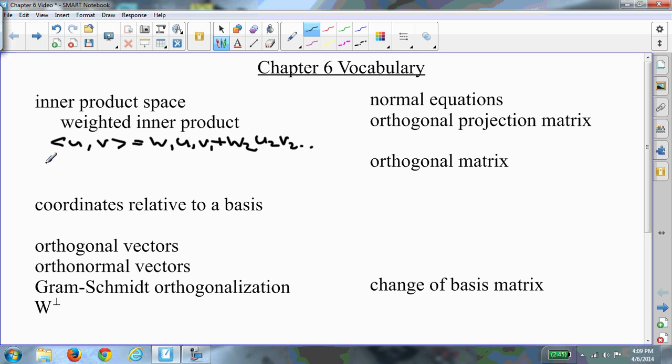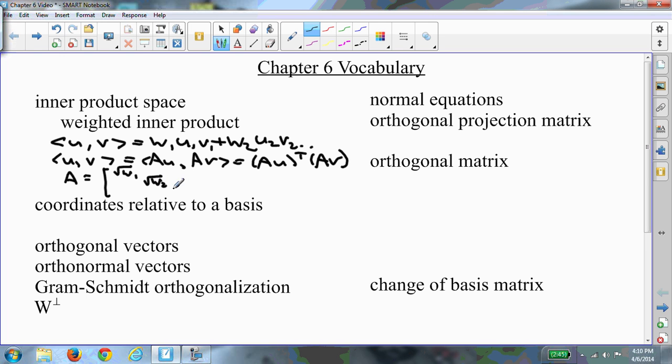And basically you create that by doing something like <u, v> is actually equal to <Au, Av>, and we can rewrite that as (Au)^T(Av). A is defined as a matrix involving the weights. It's a diagonal matrix where the elements in the diagonal are the square root of w1, the square root of w2, and so on and so forth.